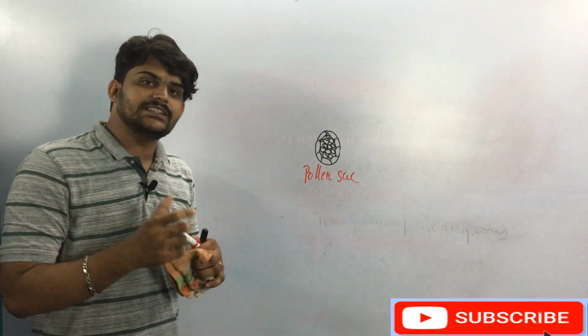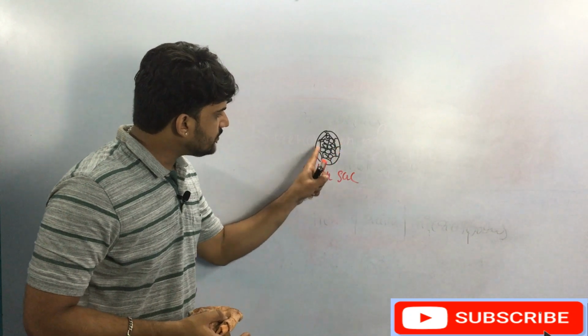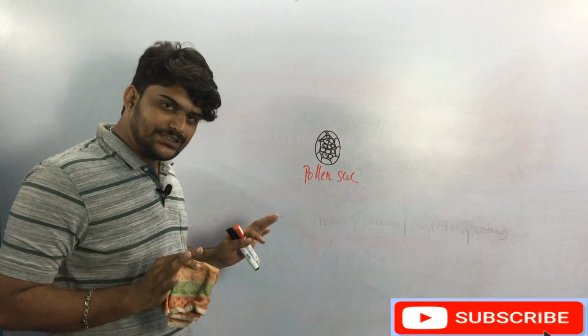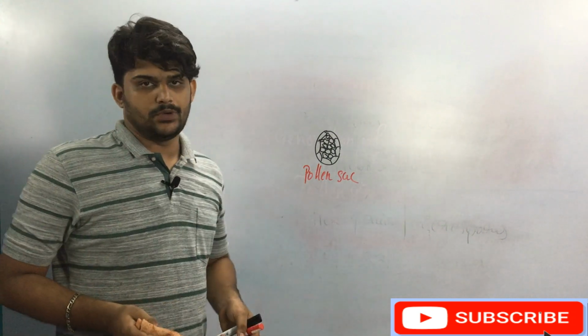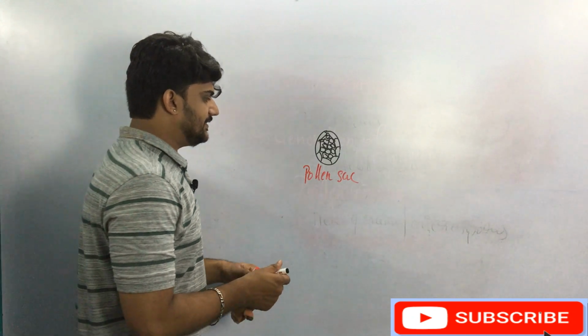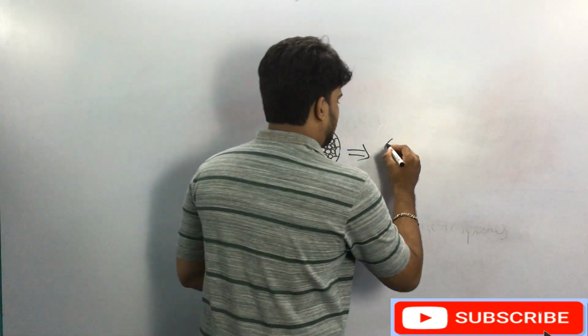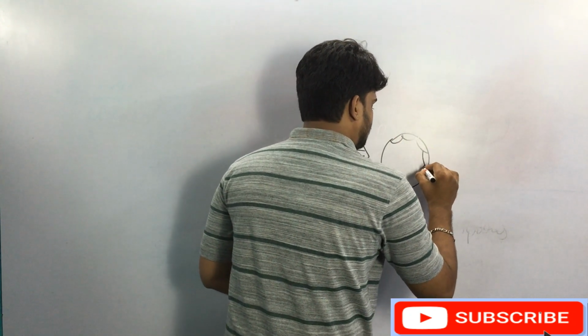What happens whenever the pollen sac increases in size? The sporogenous tissues stay the same size, but they move freely inside the pollen sac. Now it looks somewhat like this.